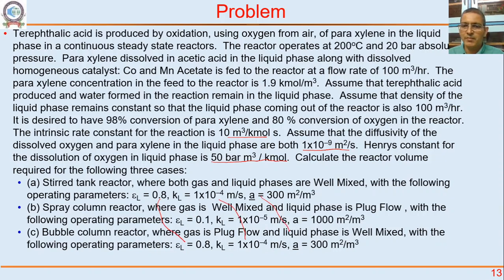A bar is the same. Only difference is gas is in plug flow as compared to well mixed. This is the only change. Regime also is the same. Regime 2 in stirred tank, regime 2 in bubble column, but regime 3 in spray column. Why? Because KL was lower. Only change is now plug flow versus well mixed.